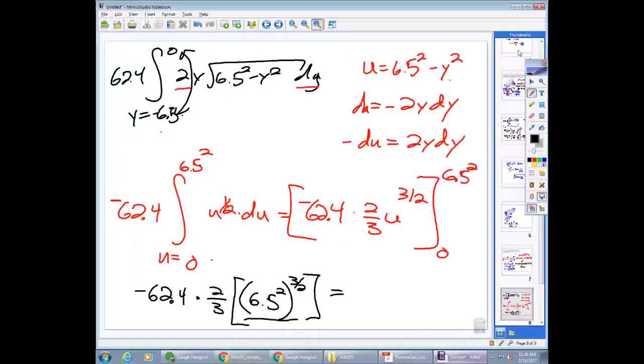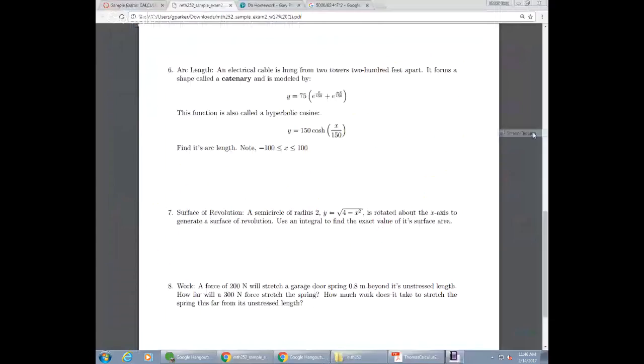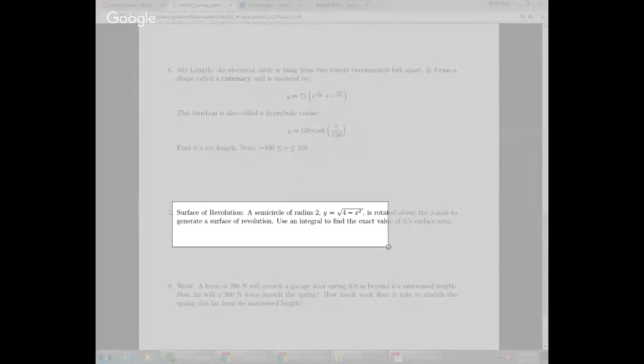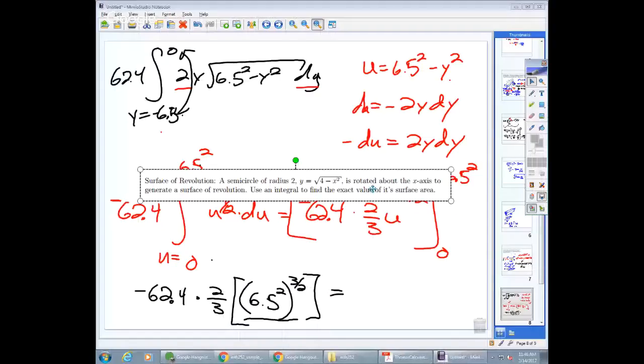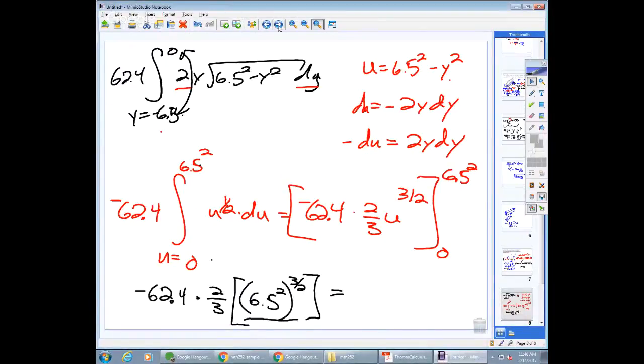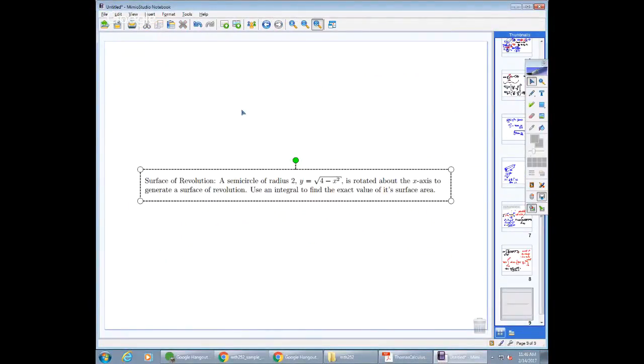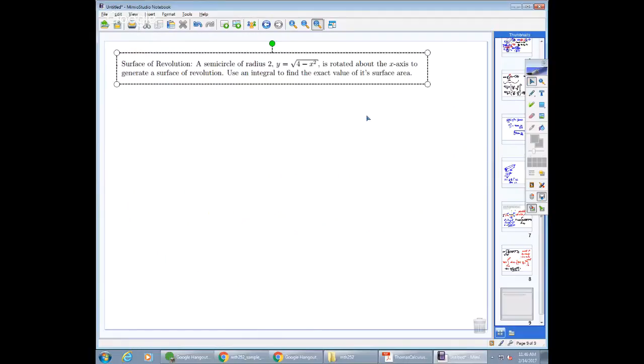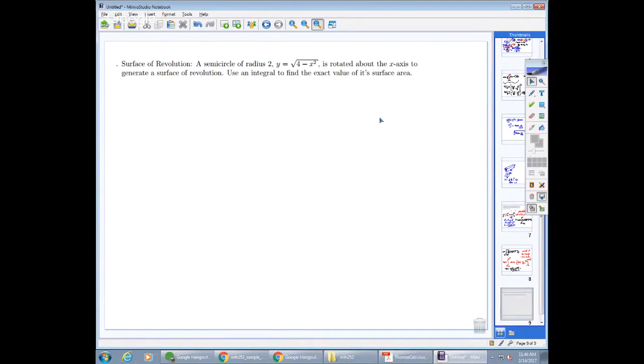New page. So we're going to be able to set it up, not solve it in the last 5 minutes. At least I think it's unlikely we'll be able to solve it. Okay, so a semicircle of radius 2 has the equation y equals the square root of 4 minus x squared.